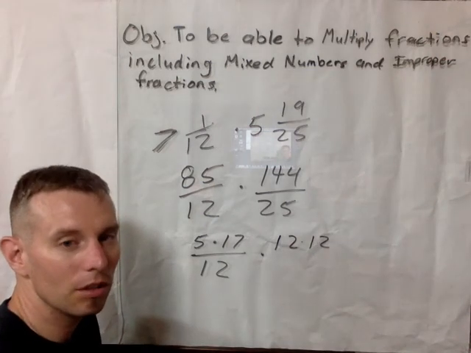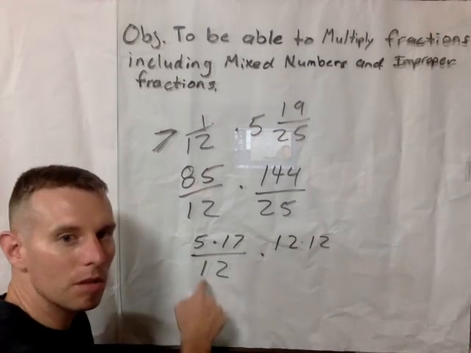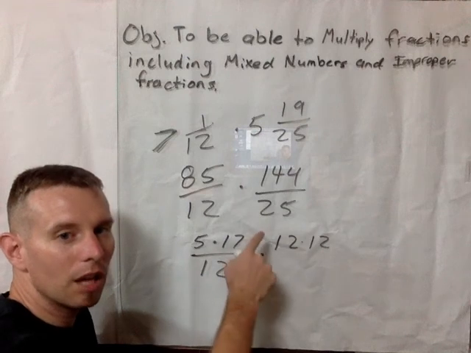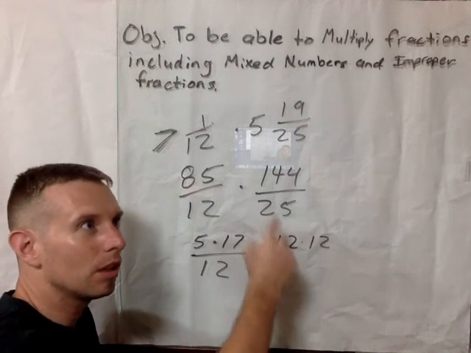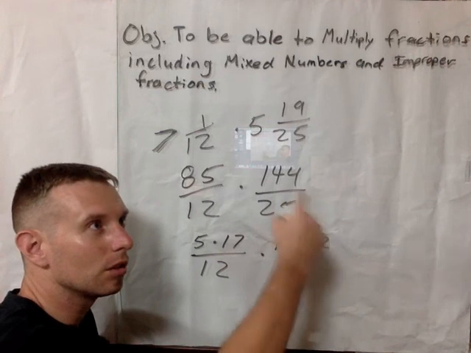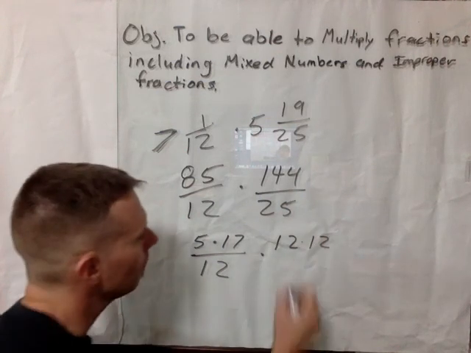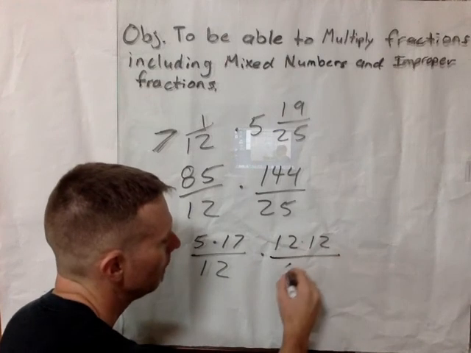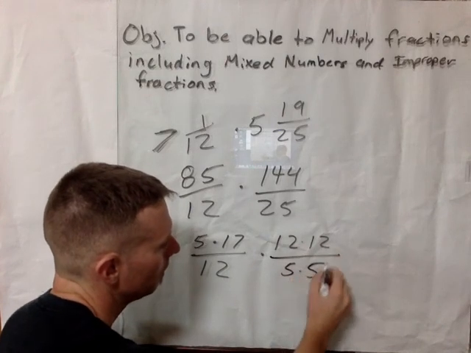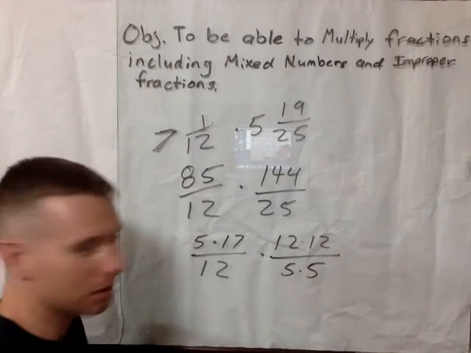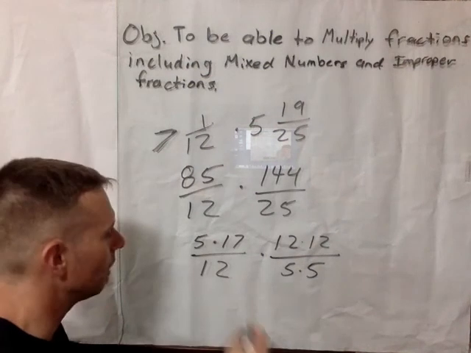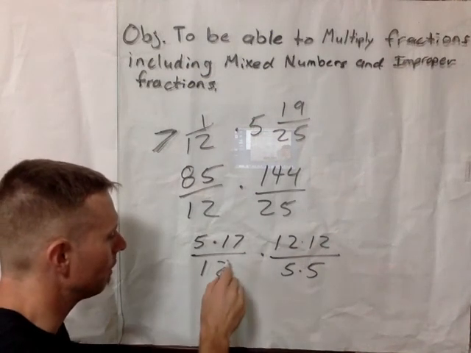Okay, if you didn't do that, you would get 2 times 2 times 3, and on the top you would get 2 times 2 times 2 times 2 times 3 times 3. And then on the bottom we have 5 times 5. So instead of rearranging everything, I'm just going to show you how we can do this even quicker.